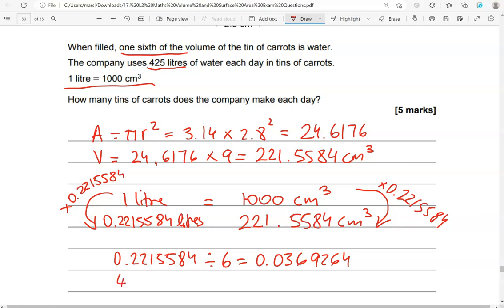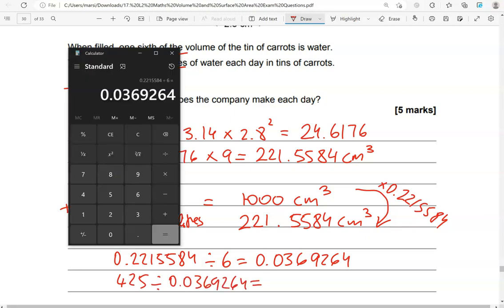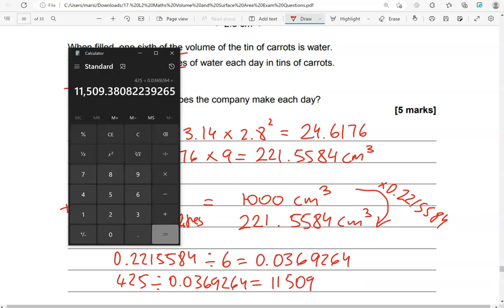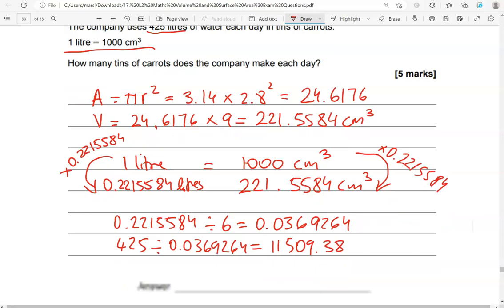So 425 divided by 0.0369264, which is 11,509.38.